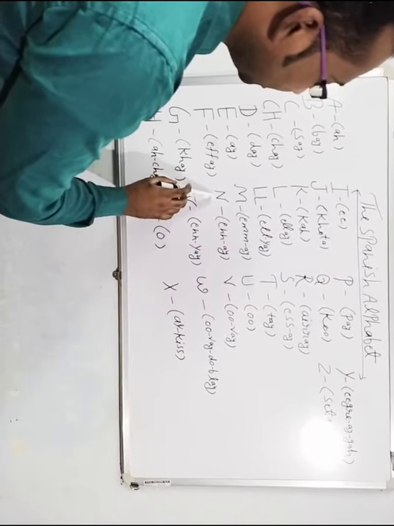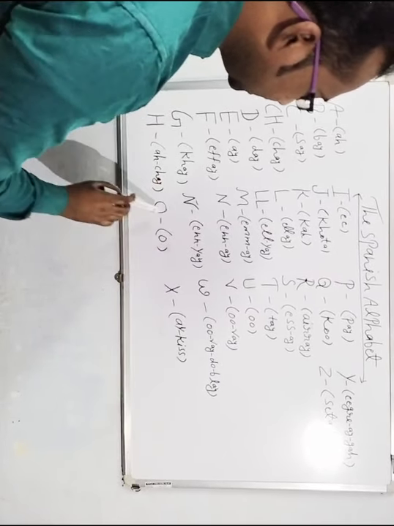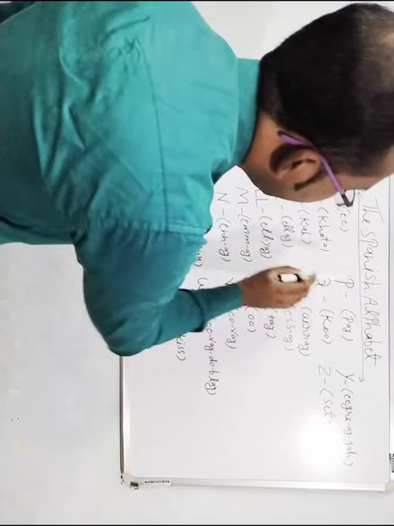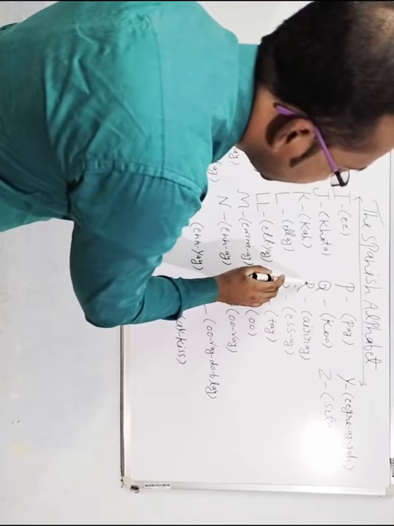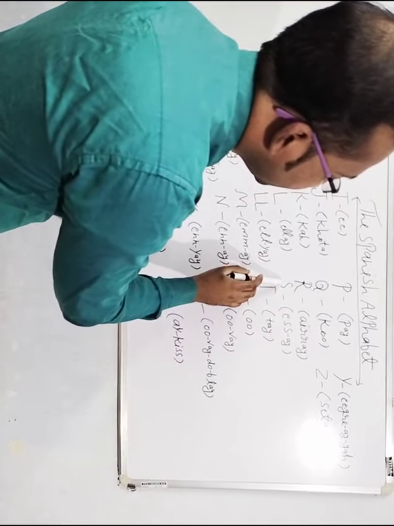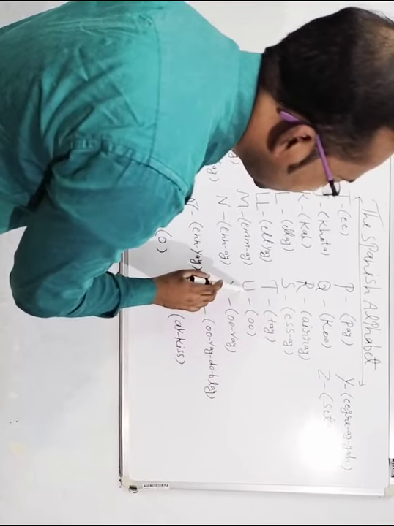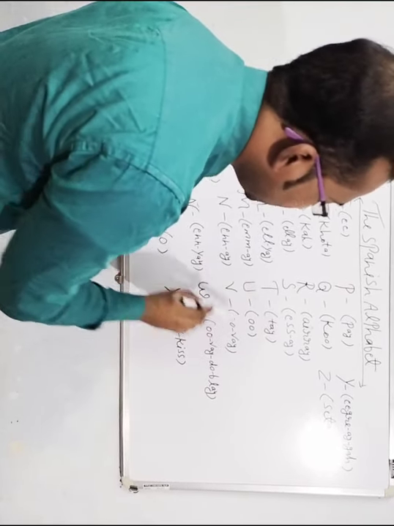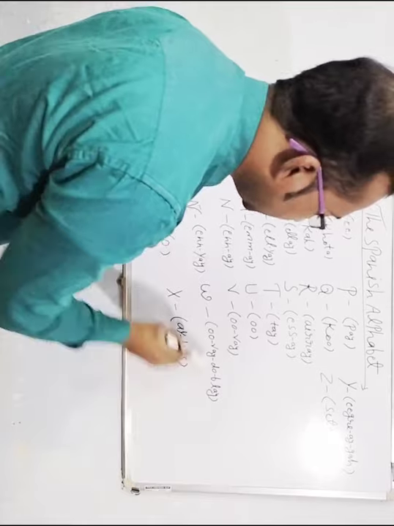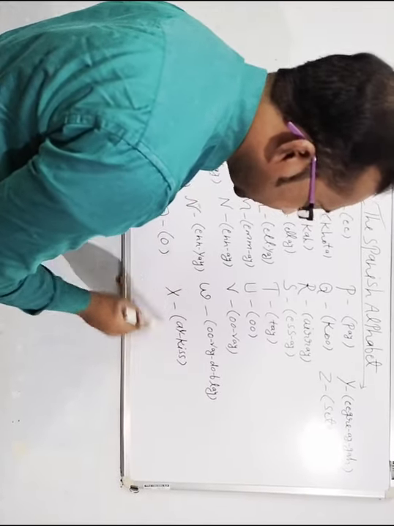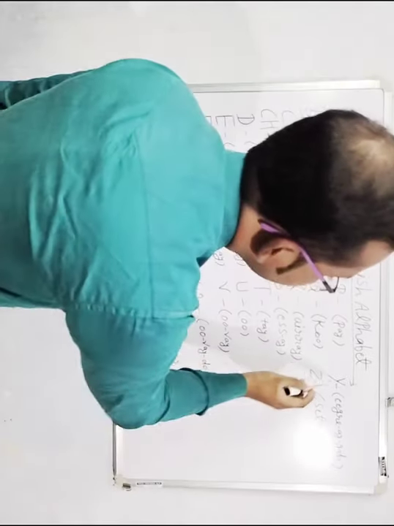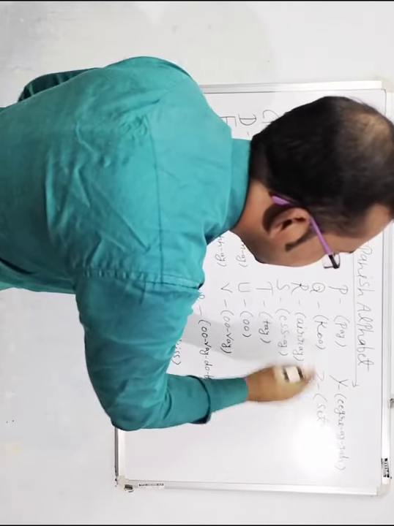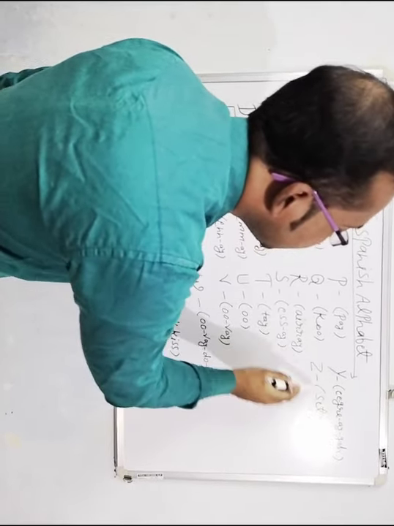M, N, N, O, P, Q, R, S, T, U, ue, ue doble, X, and Y, zeta.